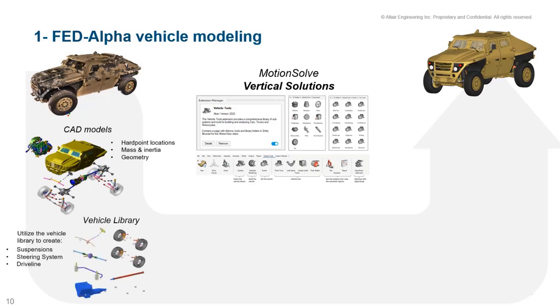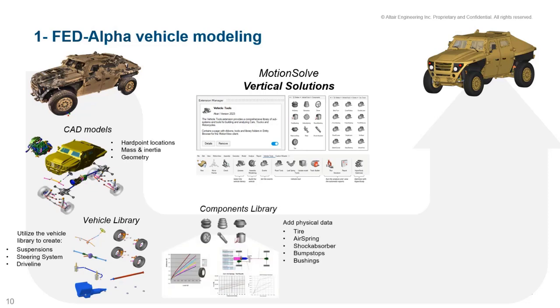Then, using the vehicle library inside MotionView, we build the suspension models, the steering system, the driveline. So we took the available data for the Fed Alpha vehicle and included it into the components that we have in the component library in MotionView, mainly the tire, the air spring, the shock absorber, the bump stop, and the bushing. This was then used to complete the representation of the vehicle systems, like the suspension and the steering system.